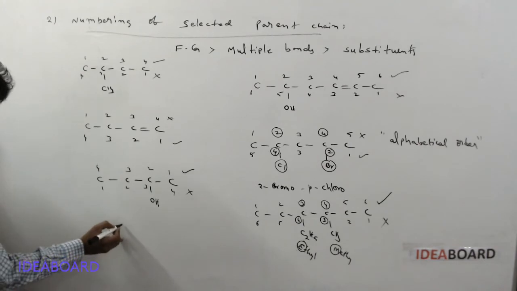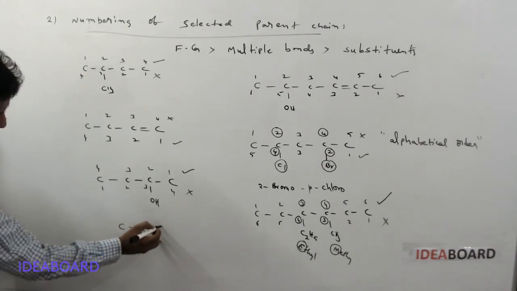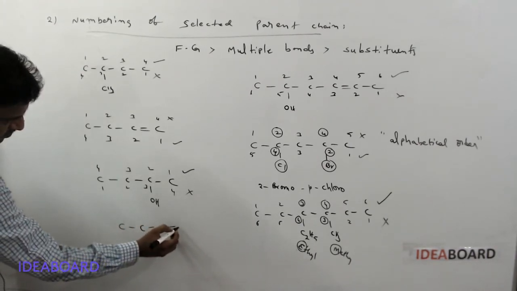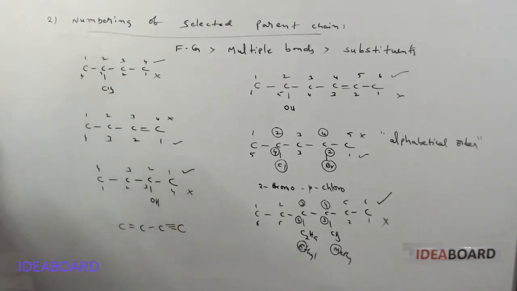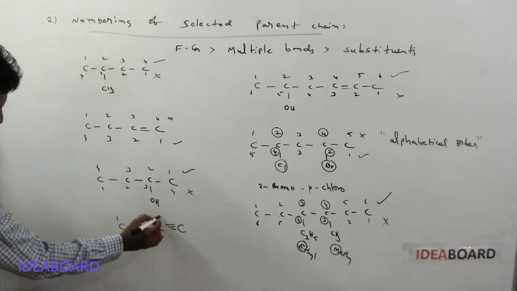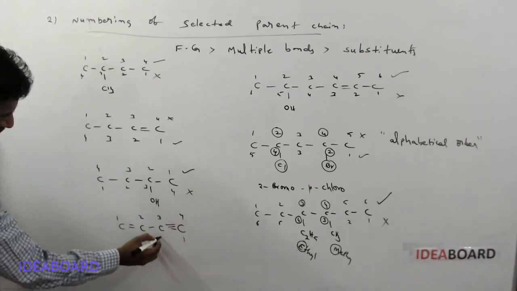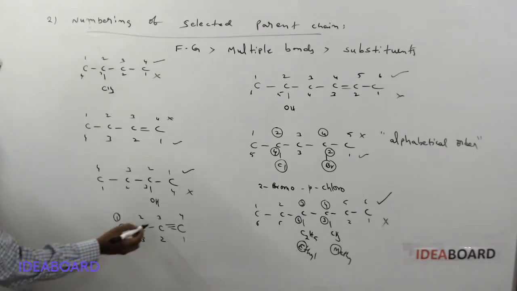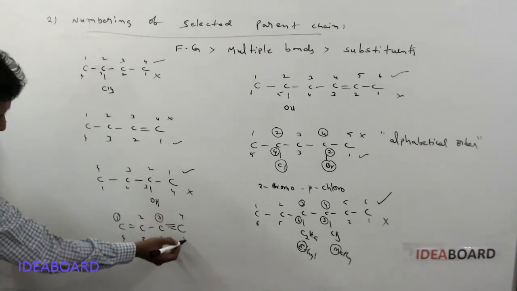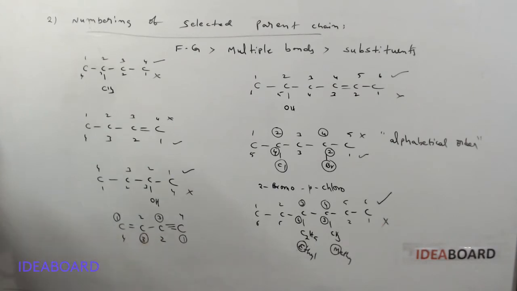Suppose, for example, you have C double bond C and C triple bond C. Suppose this is the double bond and this is the triple bond. If you have 1, 2, 3, 4, and here it is 1, 2, 3, 4. Here the double bond is at carbon 1 and the triple bond at carbon 3, and from the other end also 1 and 3. So the double bond and triple bond get the same positions from opposite ends. Then this is also called a symmetrical structure.